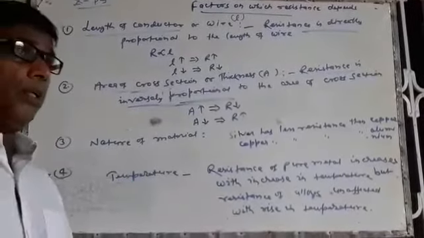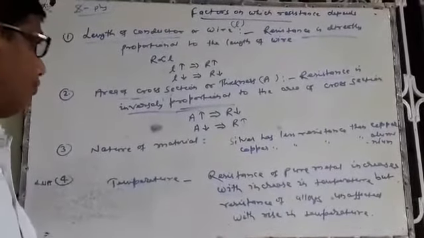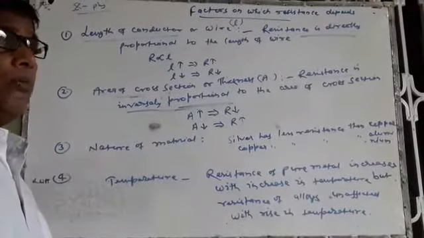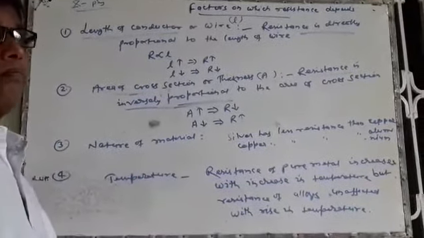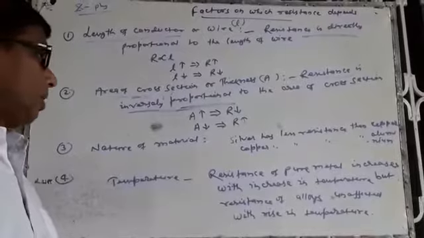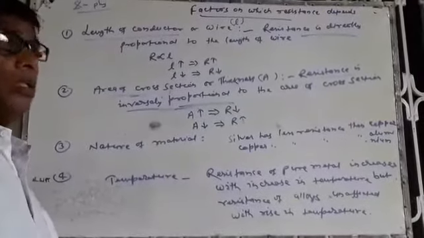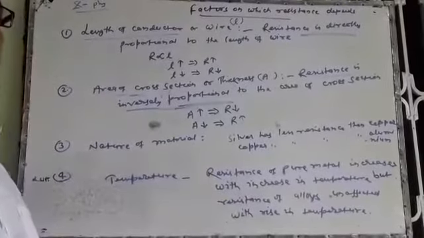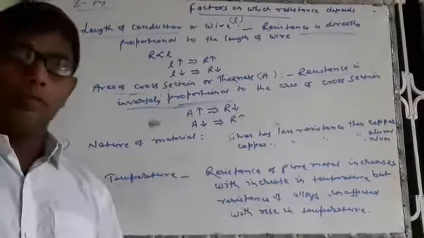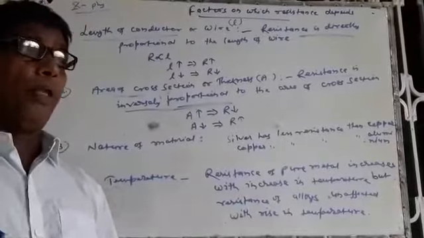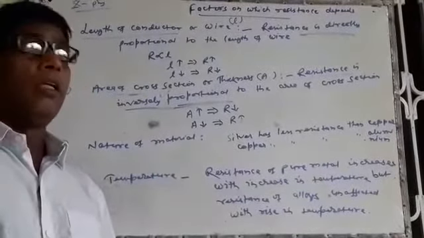In other words, if we have thick and thin wire, length remains same but thickness differs, it is found that a thick wire has less resistance than a thin wire. That's why we have to prefer thick wire in electric circuits.